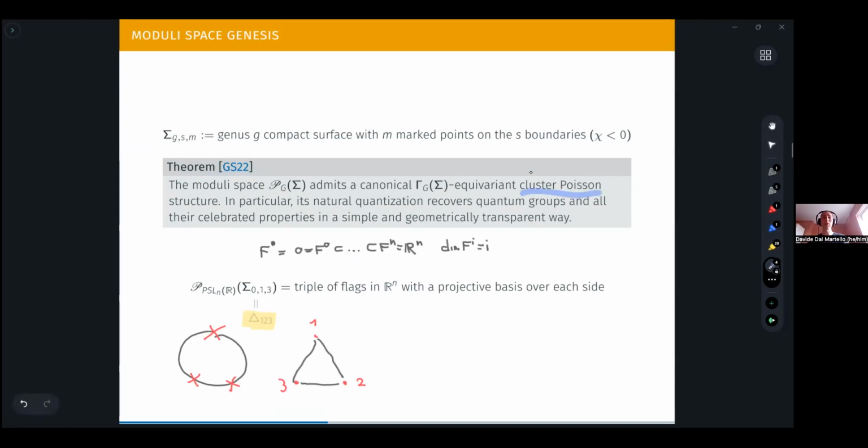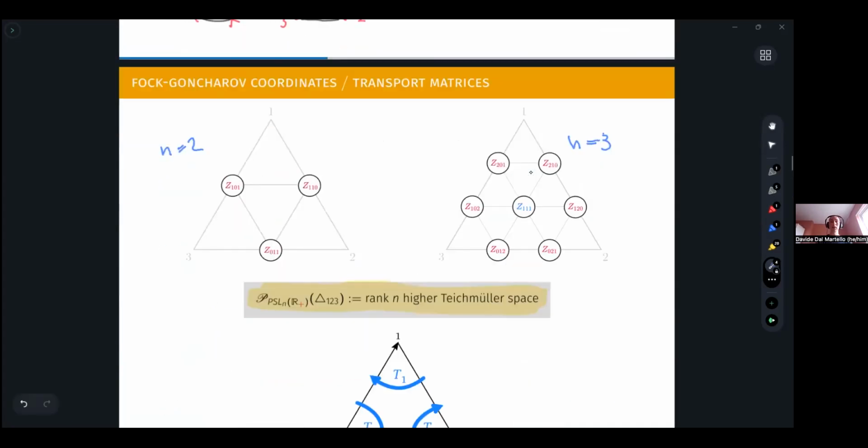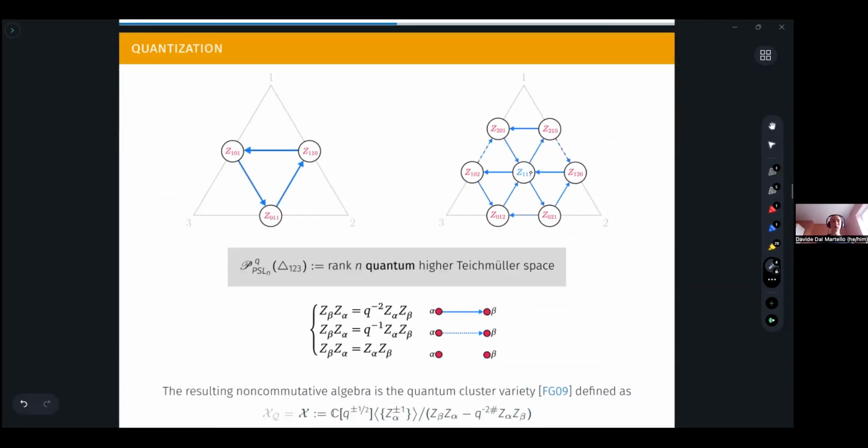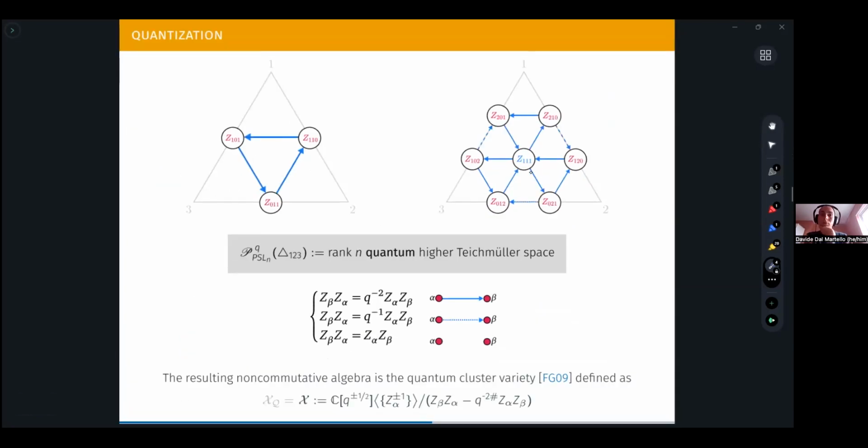As I said, this moduli space is endowed with a cluster Poisson structure, and as such, there is a very natural, straightforward, canonical way to quantize the space of functions. It goes like this. You construct a quiver, which has as vertices the variables, and as arrows, they're constructed in such a way that you start with any downward triangle, and you run the arrows counterclockwise.